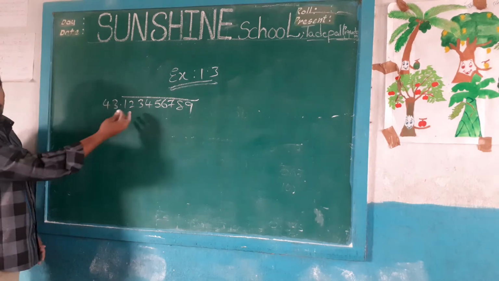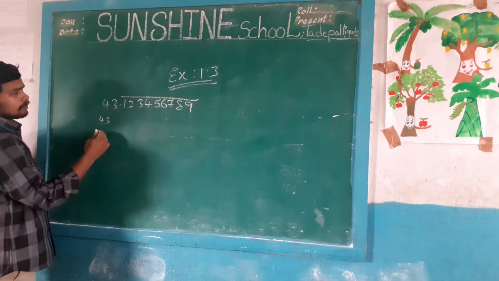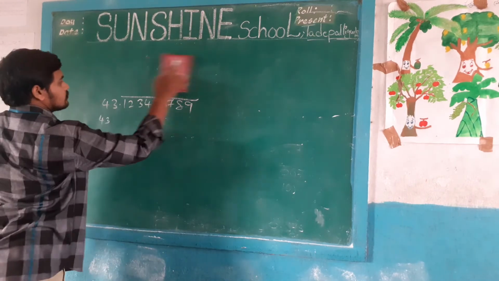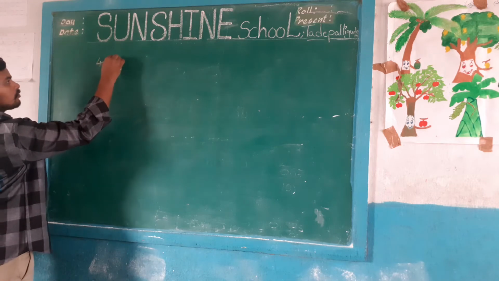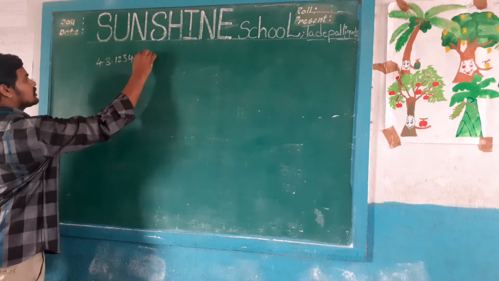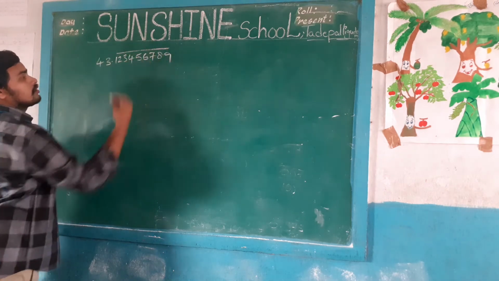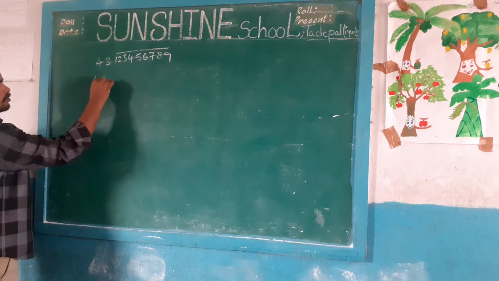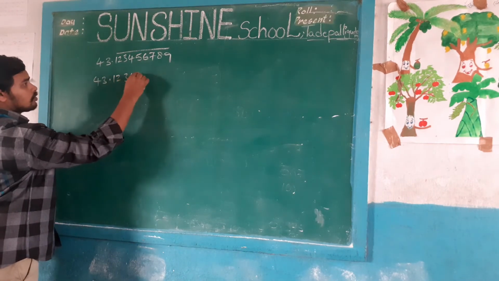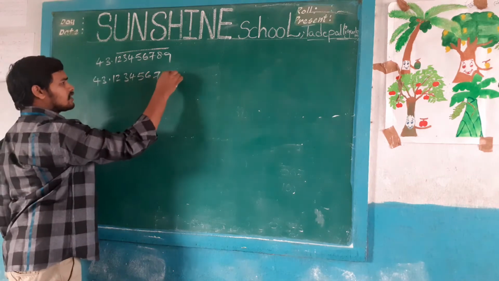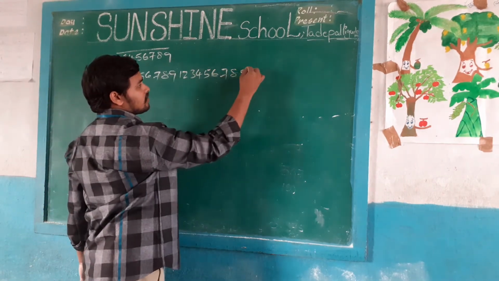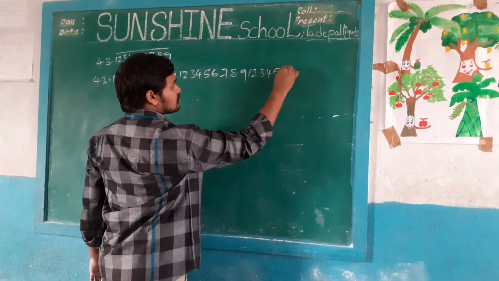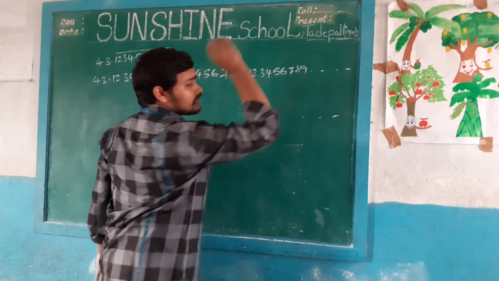So what is the value of 43.123456789? It is 43.123456789123456789 and so on like that.